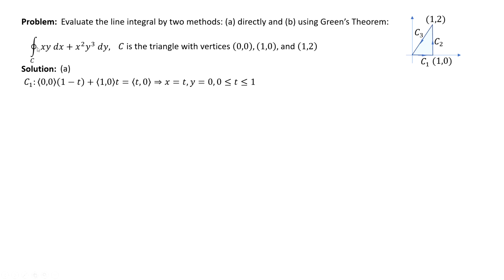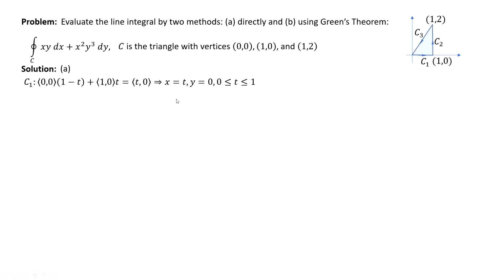Okay, what else? Well, notice our integrand has x y dx and x square y cubed dy. So we are going to plug t for x and 0 for y, but then that raises the question, what are you going to plug for dx, and what are you going to plug for dy? So that means we really need to figure out dx and dy.